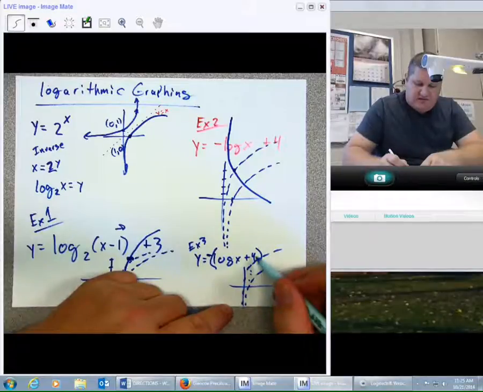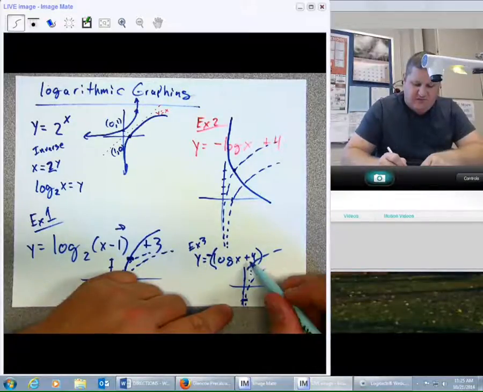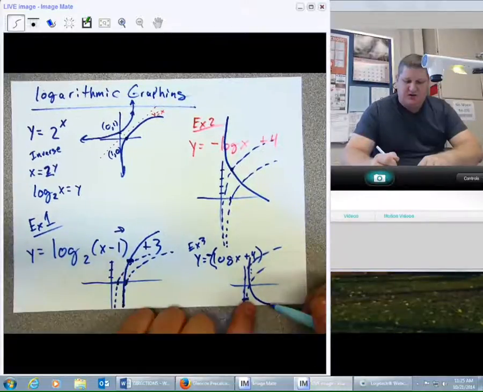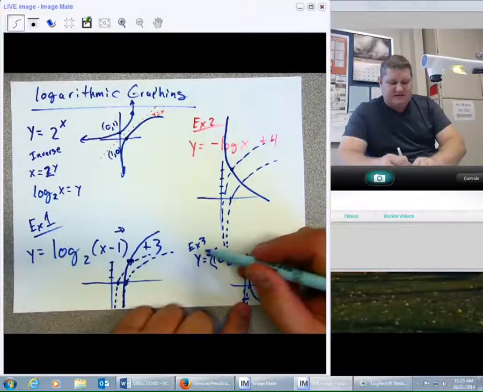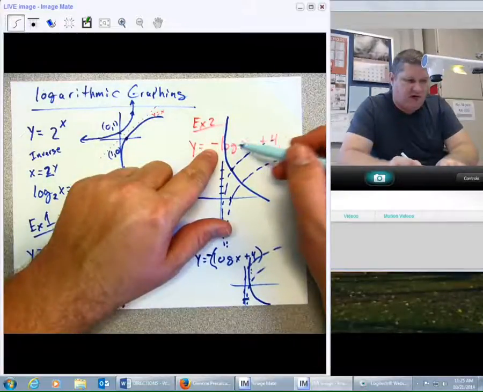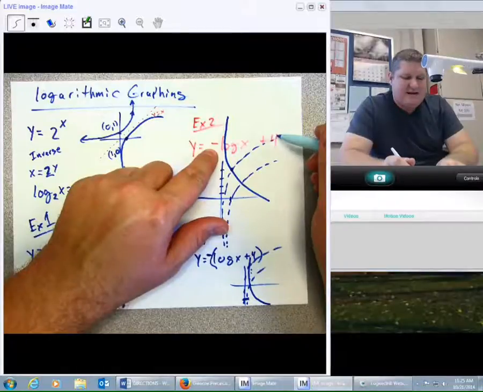When the negative is distributed, it's actually going to turn that plus 4 into a minus 4, and so now that goes down below because the negative affects both the 4 and the log. But up here, the negative only affects the log, not the 4.